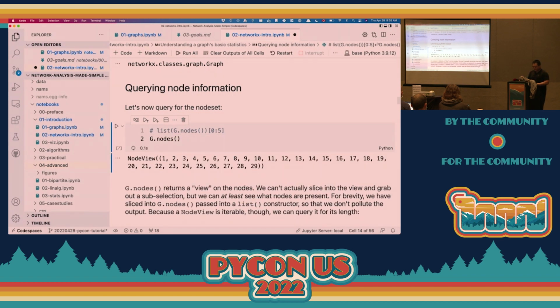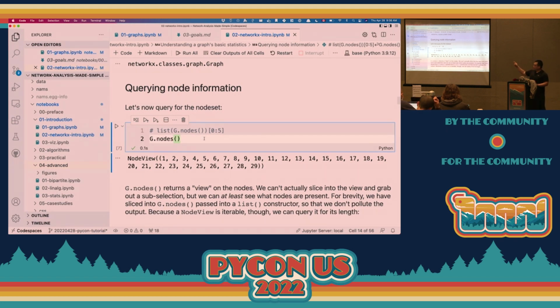If you run the cell locally on your Jupyter sessions, you notice that what you get returned is this thing called a NodeView object. It is an immutable view of the nodes that are present in the graph. You can still add and remove nodes in the graph, but you just can't manipulate the graph by looking at G.nodes, okay? So this is an important concept.